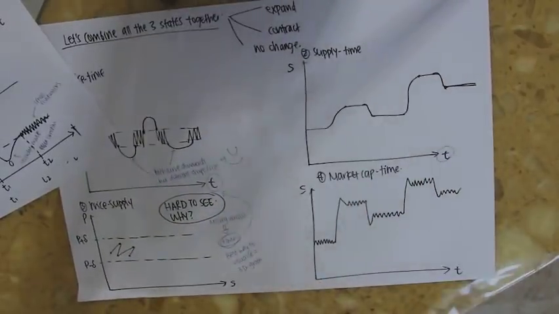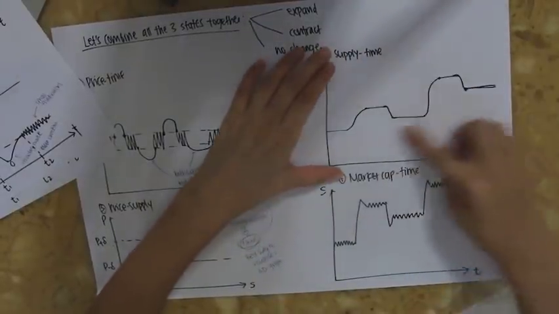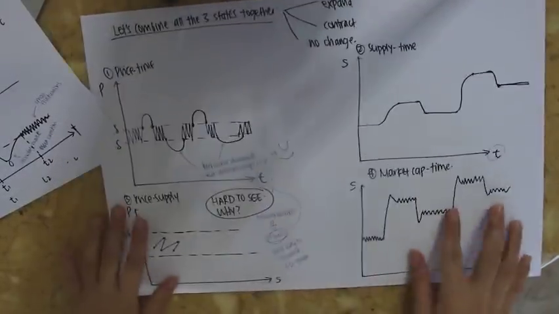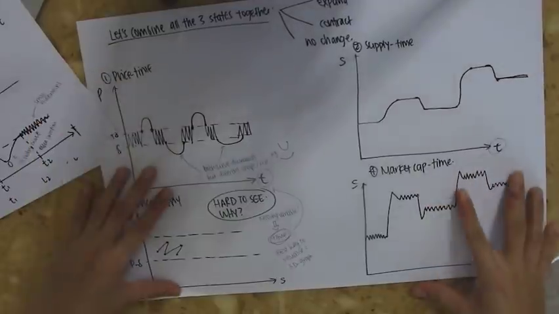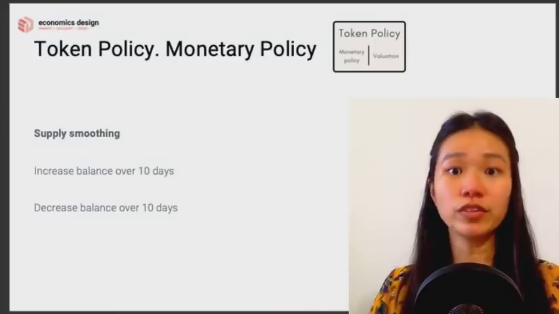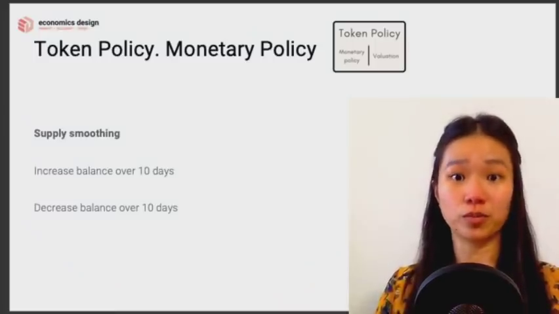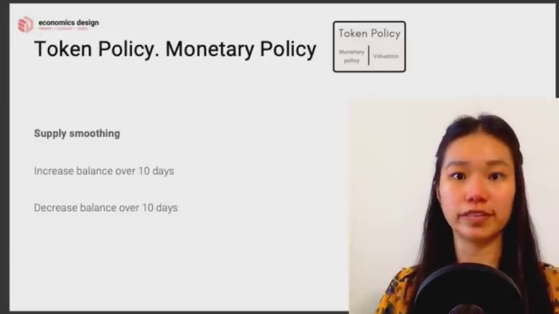To conclude, we have mapped out the supply time graph to the market cap time. And these are the 4 different graphs to look at in a more long-run big picture. That was an explanation in graph forms. And that's really just the monetary policy.